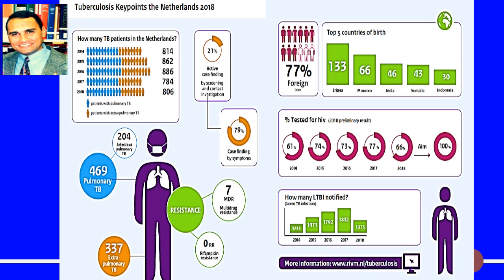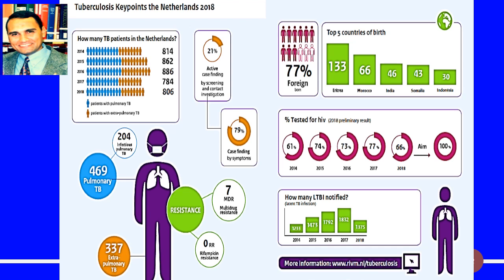21% of these cases were found actively by screening and contact investigation, while 79% of these cases were found by symptoms appearance. When analyzing the persons, they found that 77% were foreign persons coming from other countries, such as Ethiopia, Morocco, India, and Somalia.